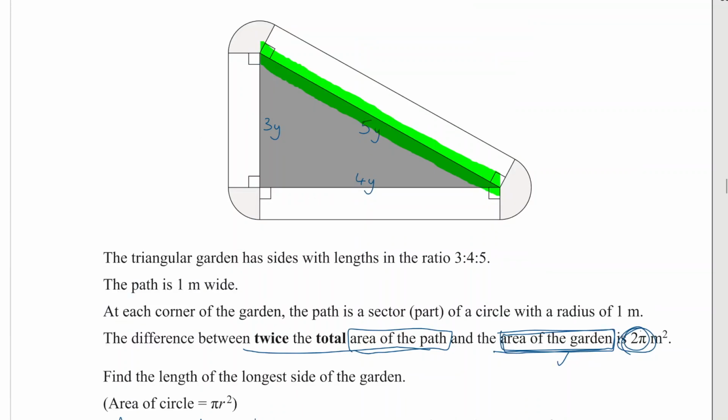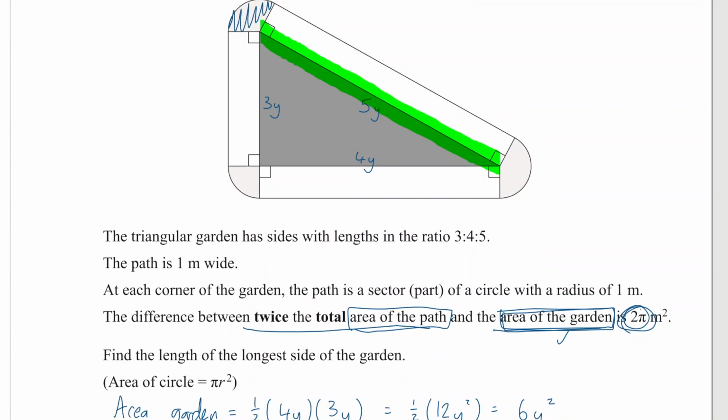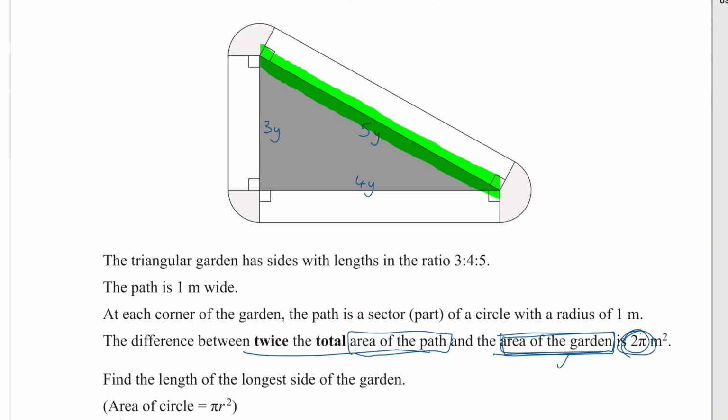But what about these little sectors on the end here, these part circles? So if we just look closely, the bottom left, that's a quarter of a circle. We could work that out. We could work out these angles and use area of a sector.